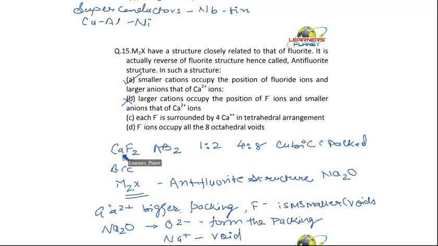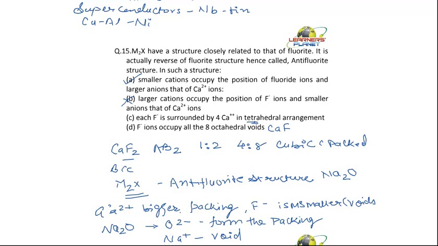Had they been occupying all the octahedral voids, the formula would have been CaF. They are occupying all the tetrahedral voids. Sorry, students. So they should be present in all the tetrahedral voids, right? So, this is forming the tetrahedral arrangement.